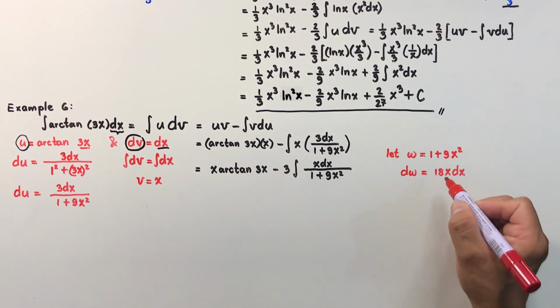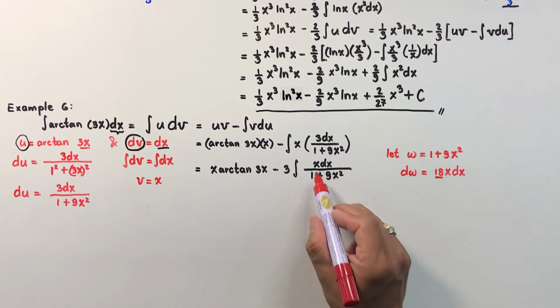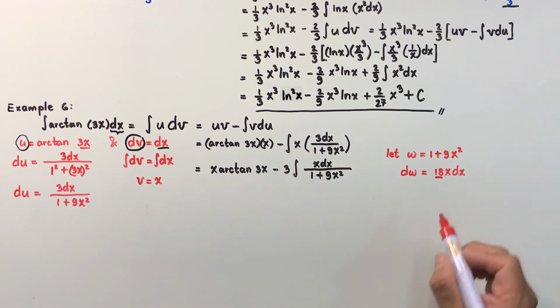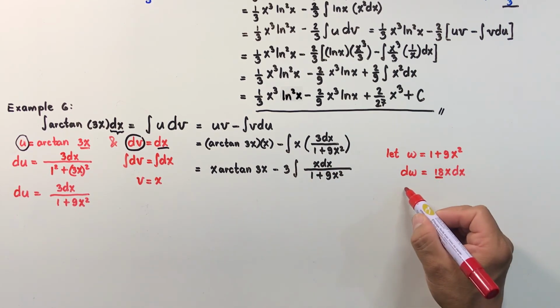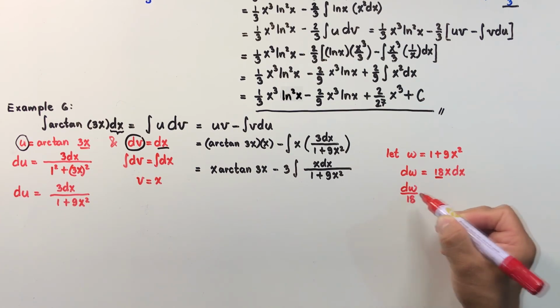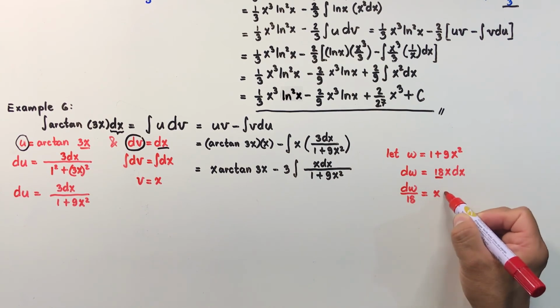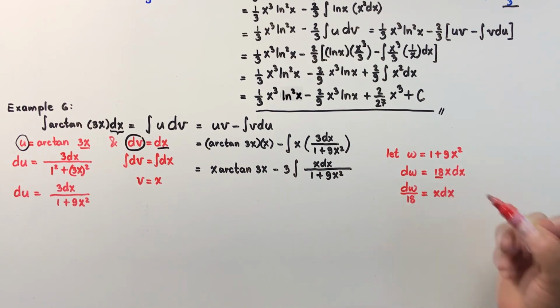But we don't have the 18 in our integrand here. We have only x dx. So we need to eliminate the 18 by dividing both sides of the equation by 18. So we have dw over 18 is equal to x dx.